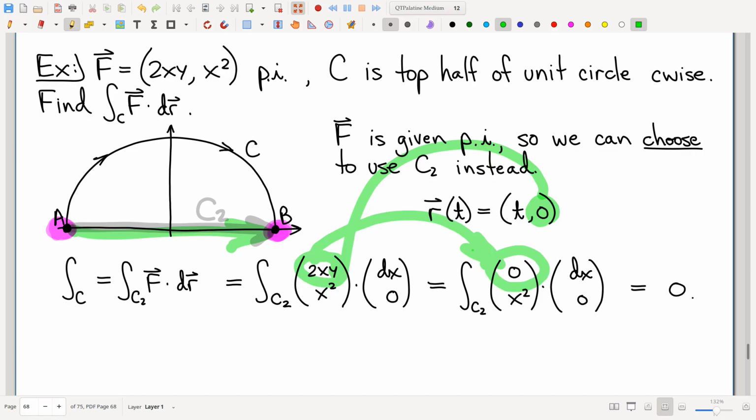And here's another thing. If y is always 0, that means that, let's see, how am I going to say this? The dr vector that would go like this, dy will be 0, right? I'm moving horizontally. That means there is no upward component to it. That means that my dy is 0.